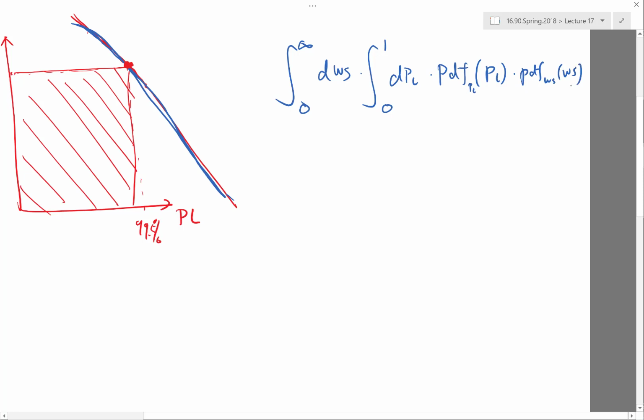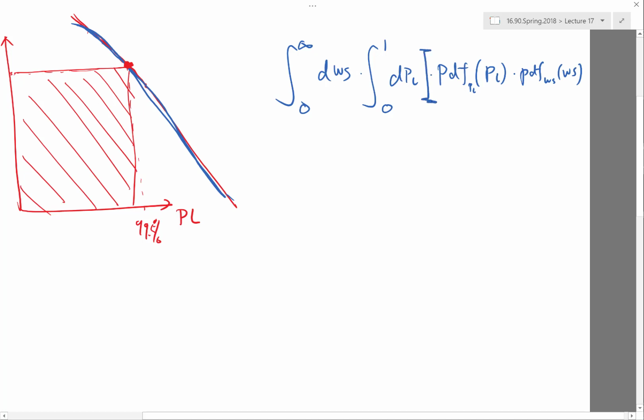What else? Need a step function. Yeah, if I just look at that integral, it's guaranteed to be equal to 1, because the integral of a PDF has to be equal to 1. That's kind of the definition of PDF. So I have to multiply by another function. In statistics, we call that an indicator function.